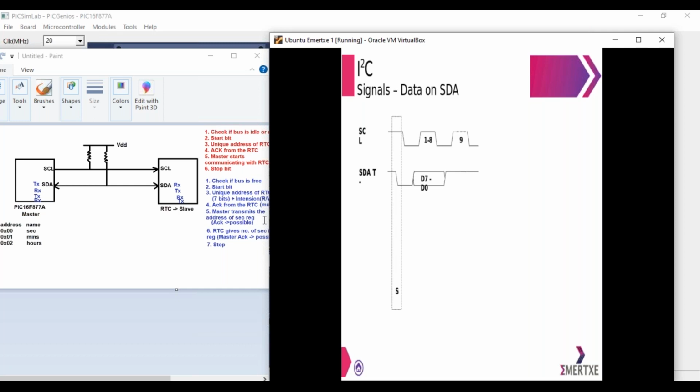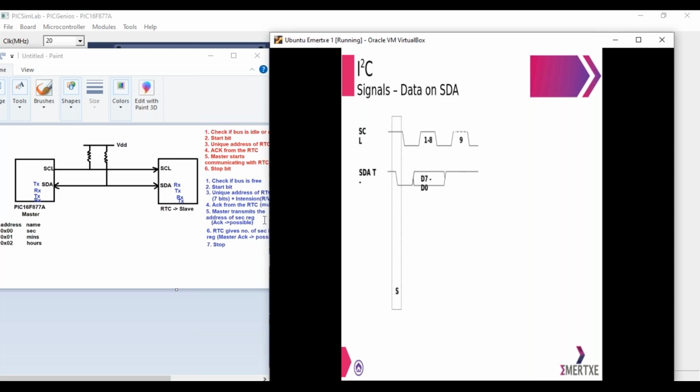Master is going to transmit the address of the second register. Assume it is of 8 bits. Master is going to transmit the second register's address, and that is always at the low level of the clock pulse.